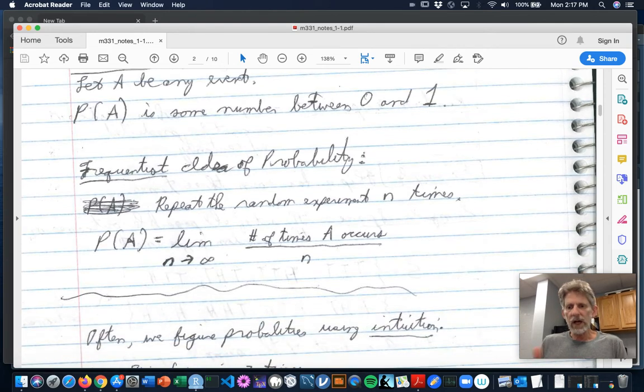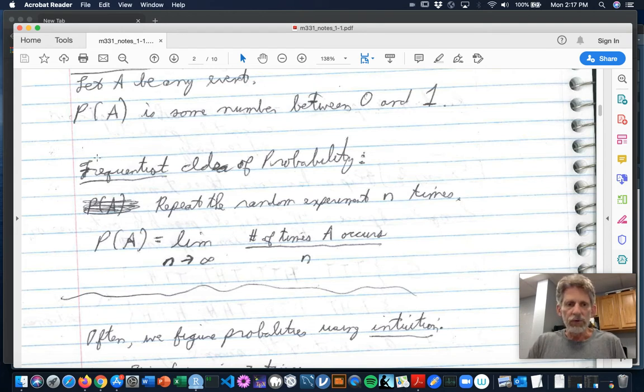And we're going to roughly adopt what is called the frequentist notion of probability. The frequentist notion of probability is that the probability of an event should be the proportion of times that event would occur if you were to repeat the random experiment many, many times.